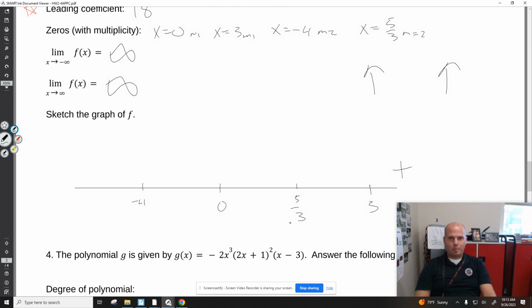You are going to bounce at -4. You're going to bounce at 5/3. So sign change, no sign change, sign change, no sign change. That makes sense because you end up positive. So here we go. We bounce, we pass through, we bounce, we pass through.